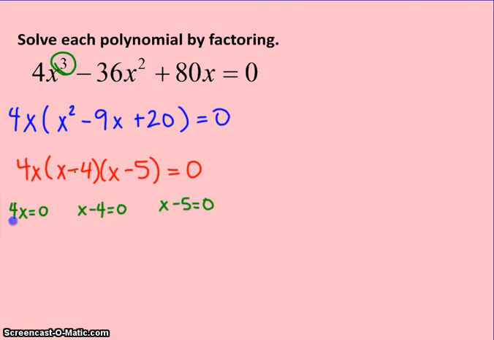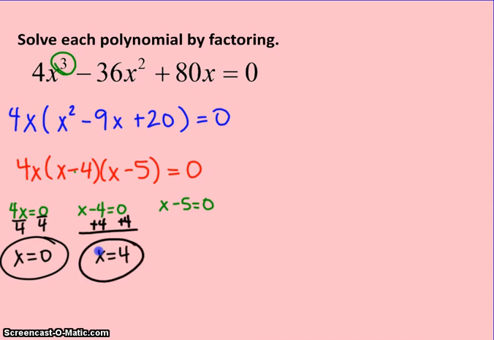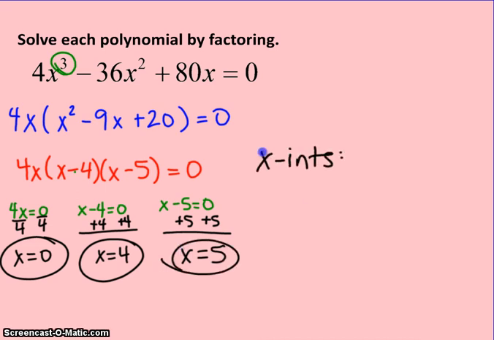In the first case, you would divide by 4, and you get x equals 0. That's my first solution. Adding 4 to solve for x gives me x equals 4 for my second solution. And adding 5 to solve for x gives me x equals 5 as my third solution. So my x-intercepts are 0, 4, and 5.